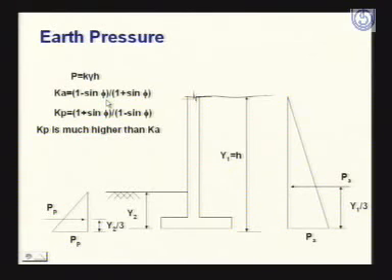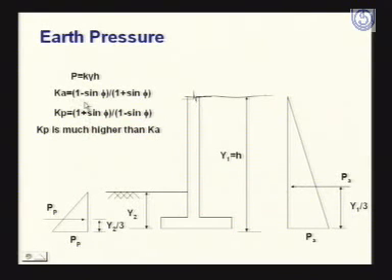Or if this is passive earth pressure, then this coefficient will be called passive earth pressure coefficient, and the formula for this is 1 plus sin phi divided by 1 minus sin phi.